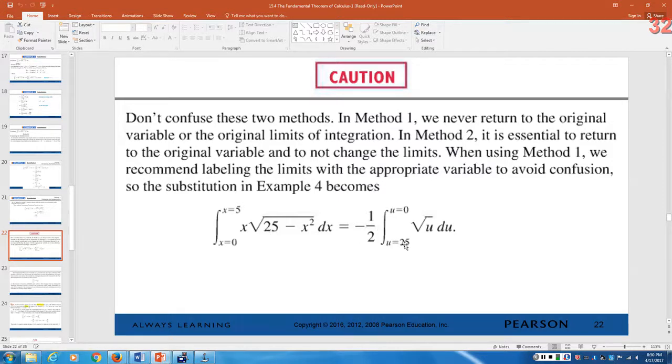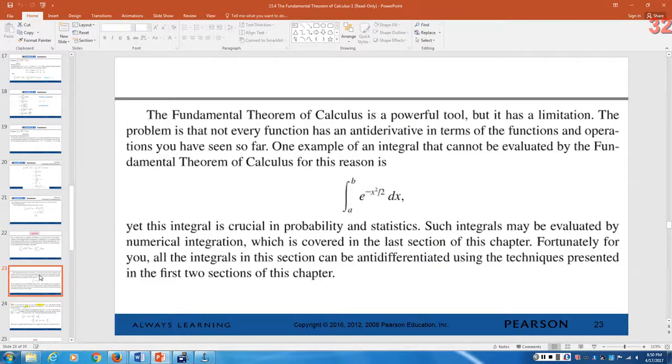They figure out what the actual value of U is going to be for X is 5 and X is 0. I just think that's backwards. And it is a powerful tool.